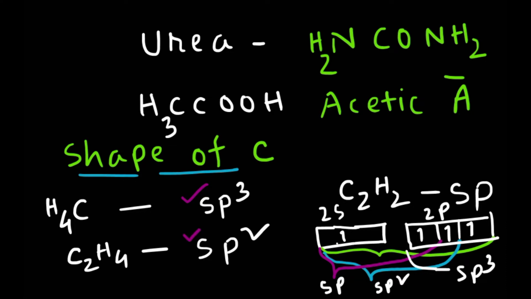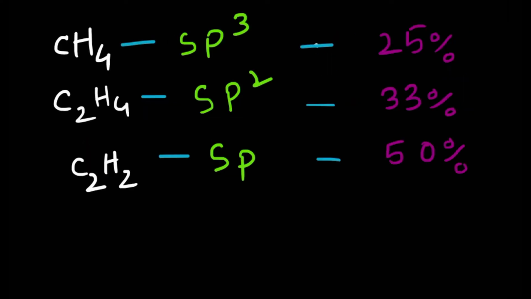Now we are going to discuss electronegativity. Here you can clearly see that the sp hybridized orbital has 50% s character.